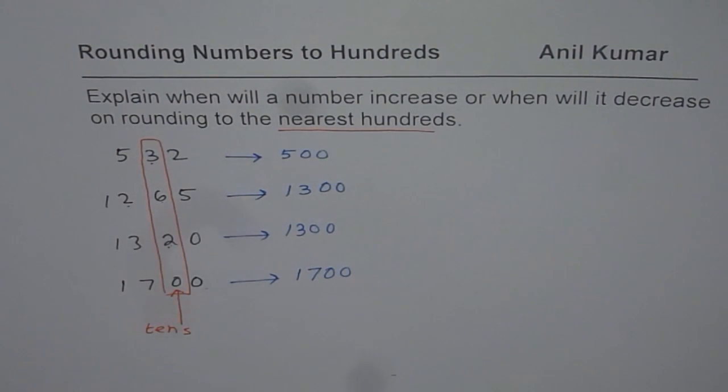So that helps you to decide when will a number increase or when will the number decrease when you round your numbers to nearest hundreds. I hope now you can write down the answer, right?